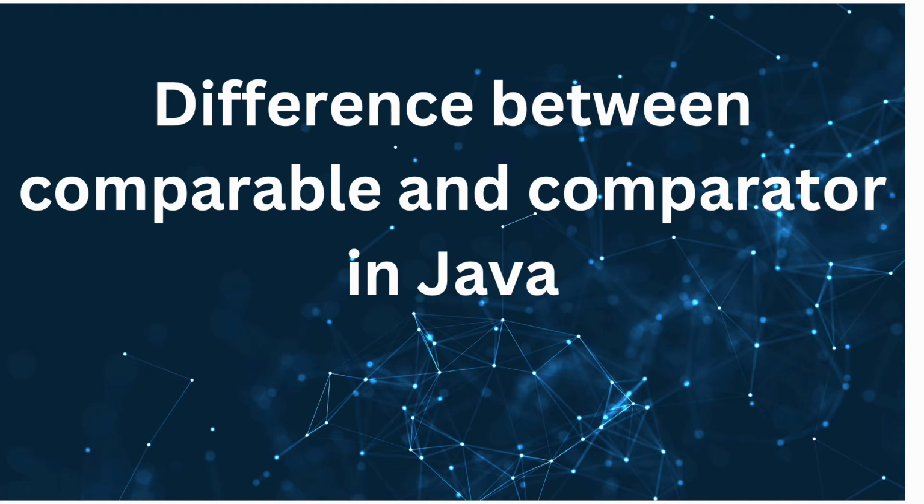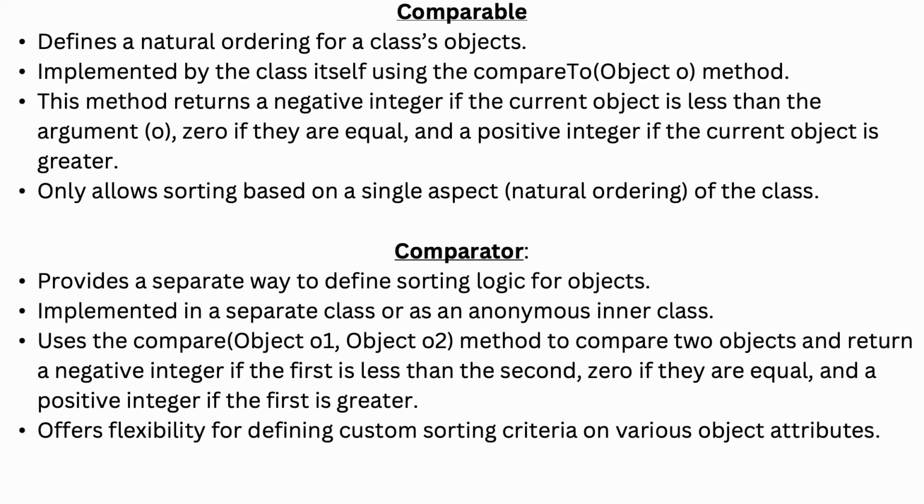Difference between Comparable and Comparator in Java. So Comparable is used whenever we need a natural ordering for a class object. Also, the Comparable interface has the compareTo method. That's where the real operation happens.